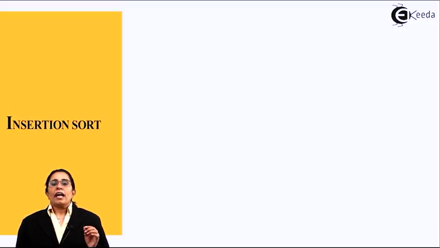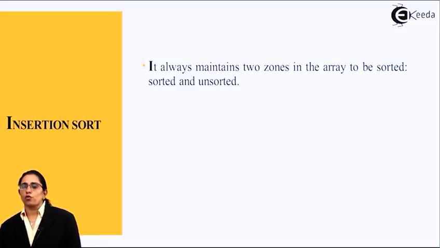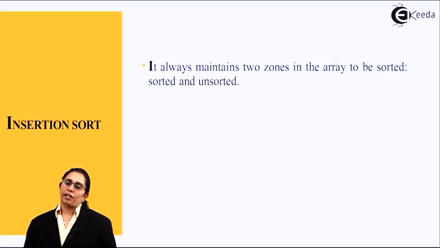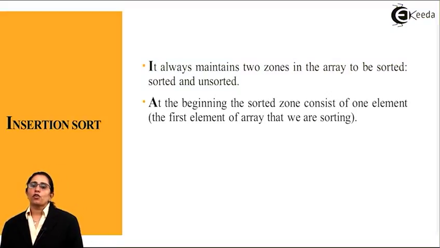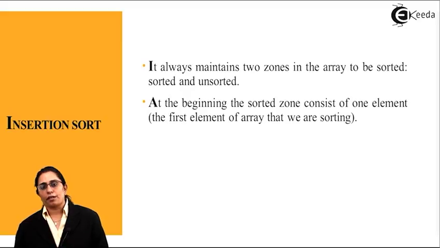So in the insertion sort, it always maintains 2 zones in the array which has to be sorted. So it is distributed as a sorted and an unsorted array. At the beginning, the sorted zone consists of only one element, that is the first element that we are sorting.